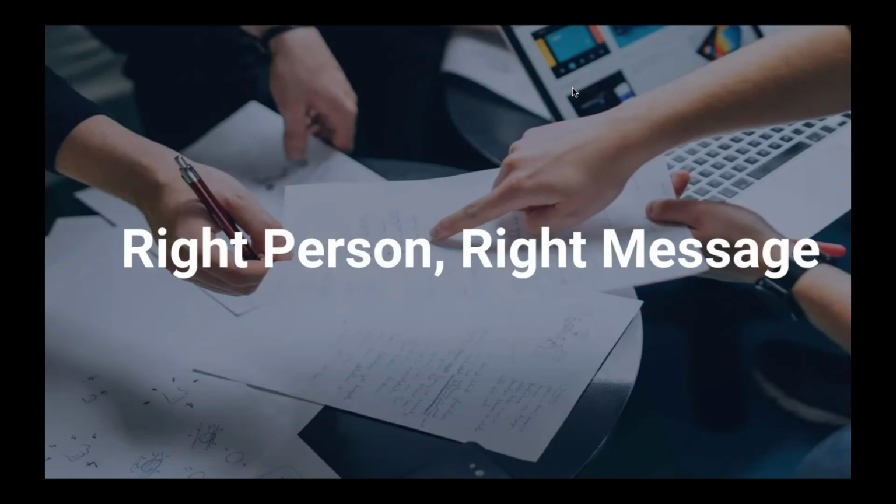That's fine. So anyway, I want to talk about how you deliver the right message to the right person. You have decision makers and you have everyone else. That's pretty much how I divide my sales leads today.